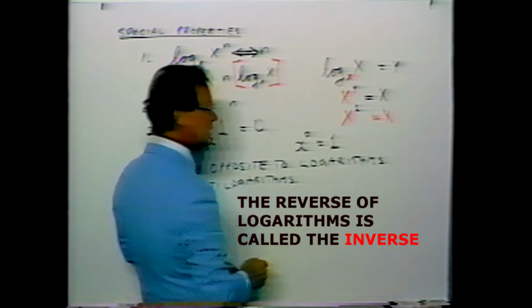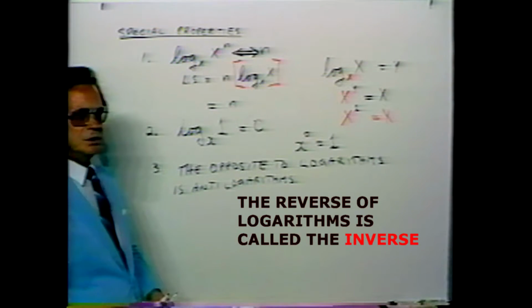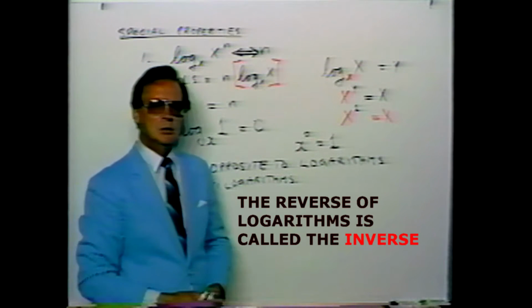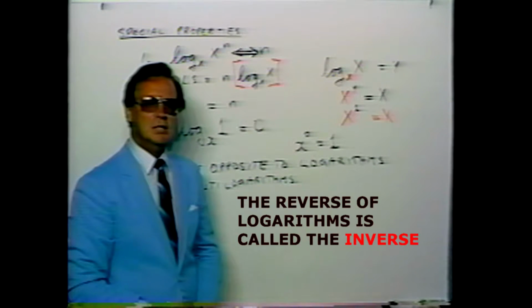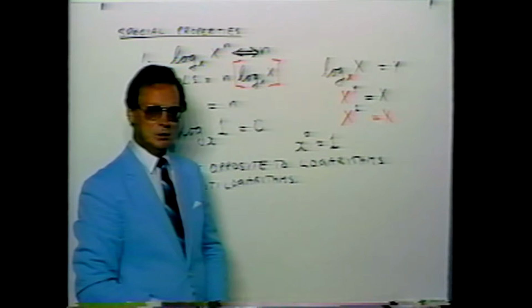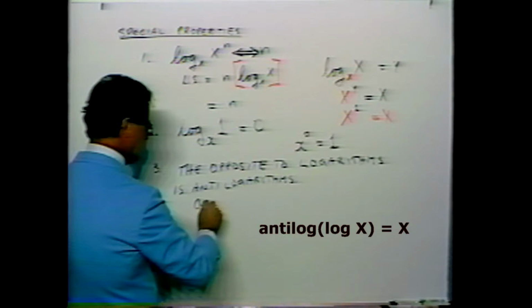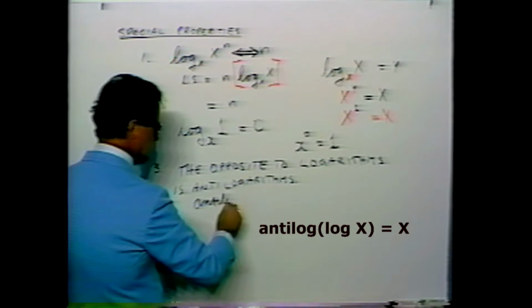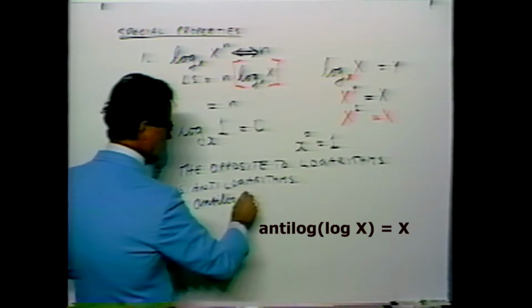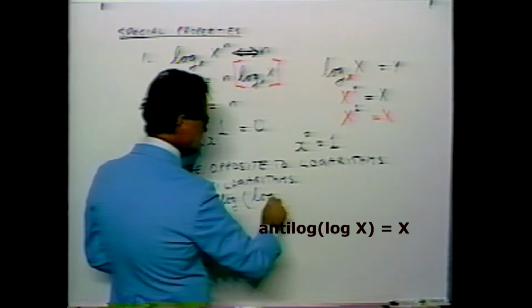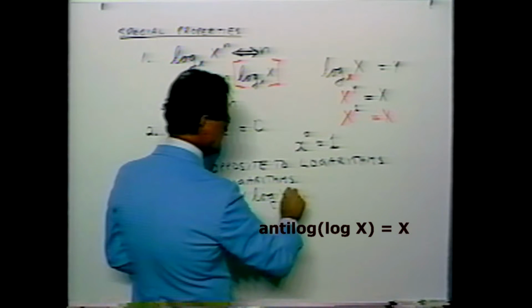I'm not talking about inverses or inverse functions here. The inverse to a logarithm is an exponential function. The antilog of something whose log is taken, say log of x, is equal to x.